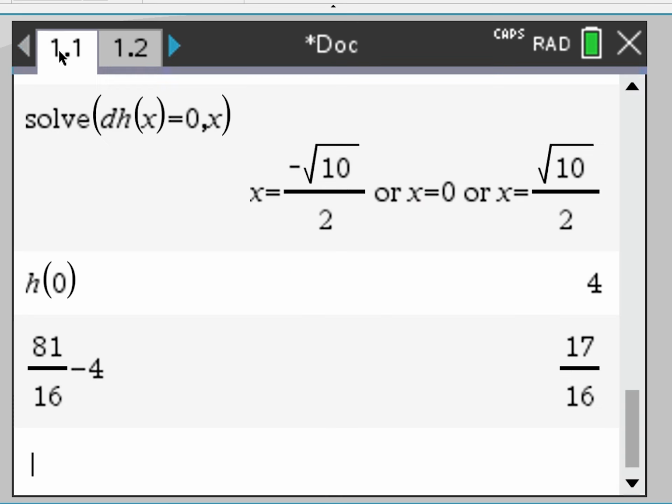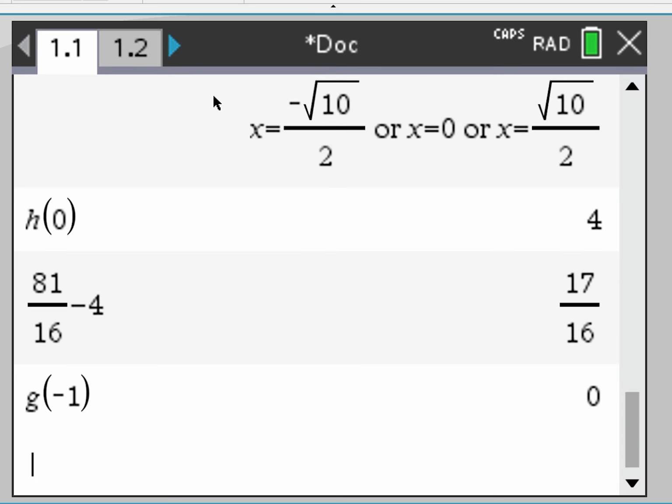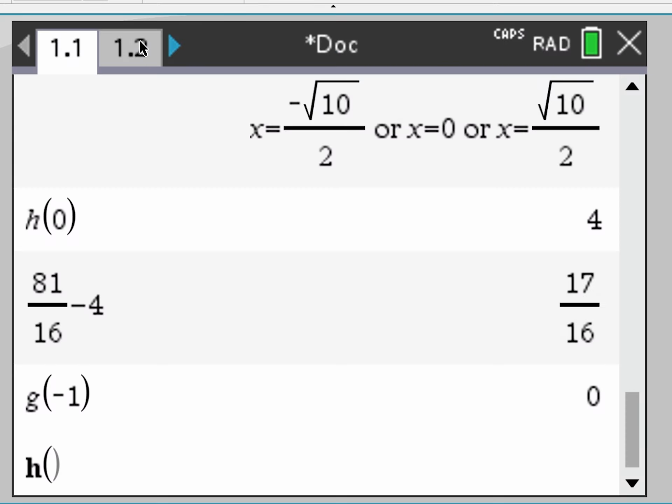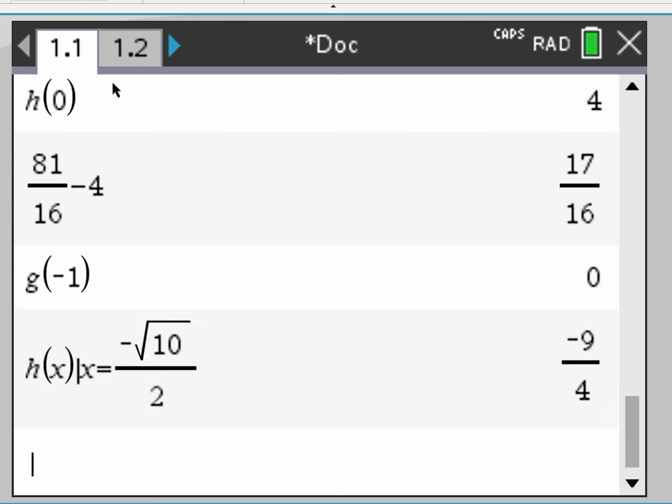Okay, so G of minus 1, we have 0. So for this, we have to make sure that our local minimums for G, which are (-1, 0) and (2, 0), match the local minimums of H at the other 2 points.